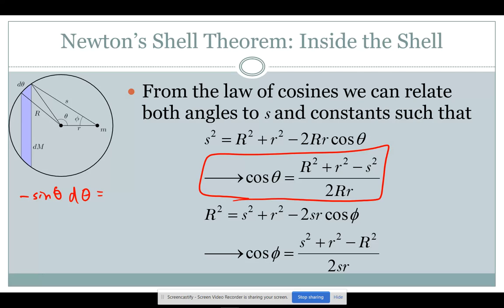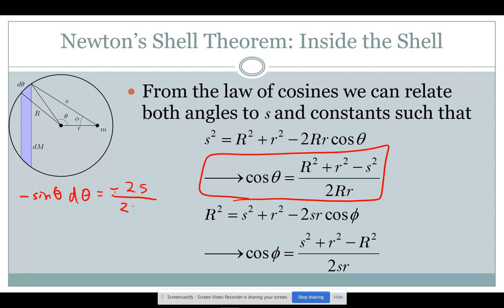And then if I do the other side, well, capital R is not a variable, and lowercase r is not a variable. Only s, theta, and phi were variables. So that derivative is kind of easy, because I have constant R squared, constant lowercase r squared, minus s squared. What's the derivative of minus s squared? Minus 2s.